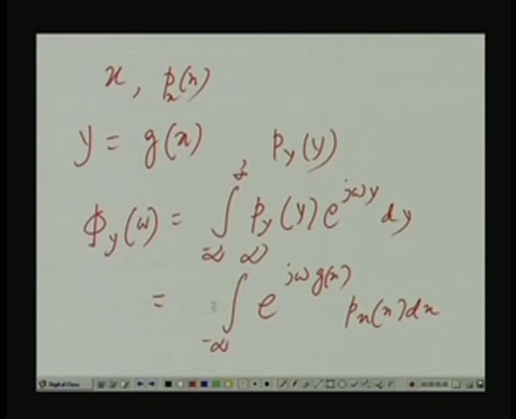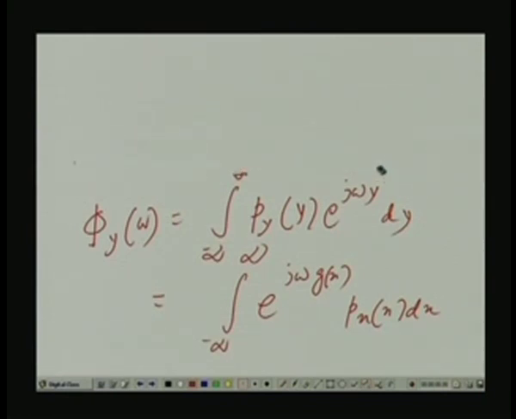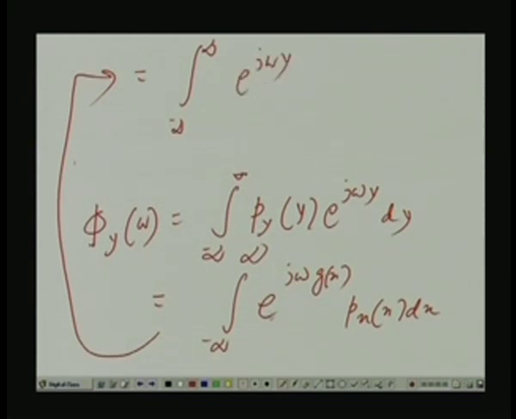Now, suppose you start with this integral and you can write it by some manipulation. Suppose you can write it in this way. You can write it like this. Suppose this integral you can write by some manipulation like this: e to the power j omega y, which is the first quantity, it is by j omega g x, or it is by j omega g y, just same, times some h y dy.